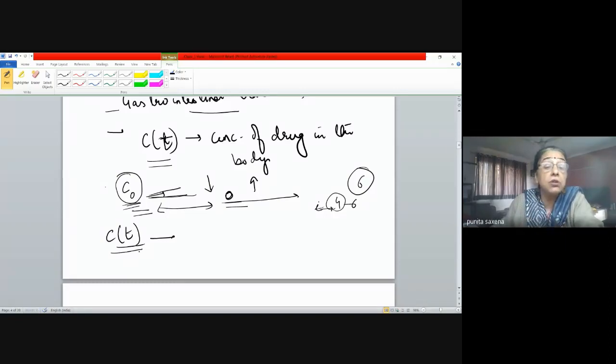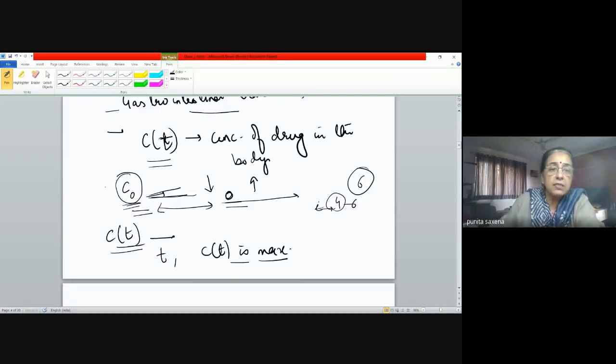After how much interval of time will a particular drug have the maximum effect? So we have to find the t for which C(t) is maximum. Okay, that is the job of a mathematician, where you are required.